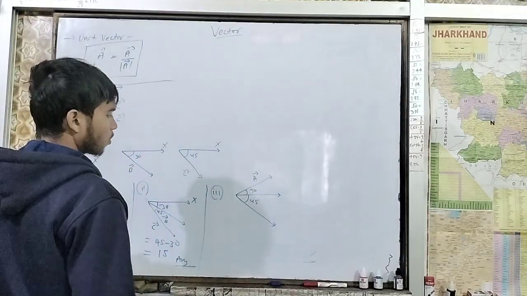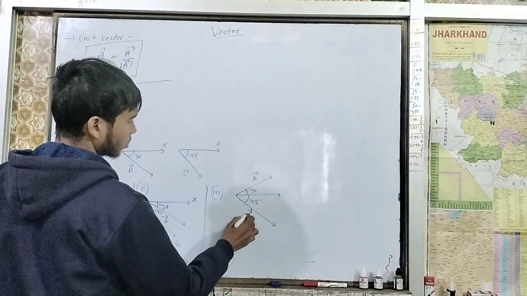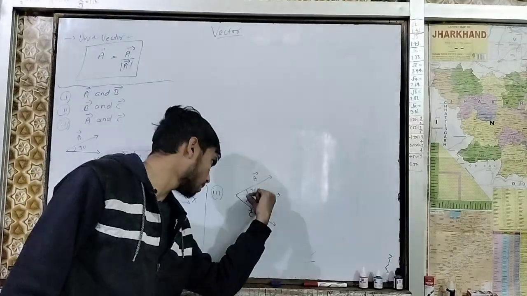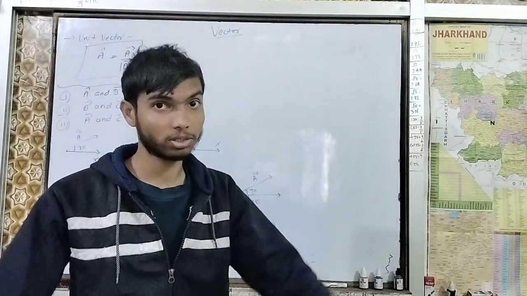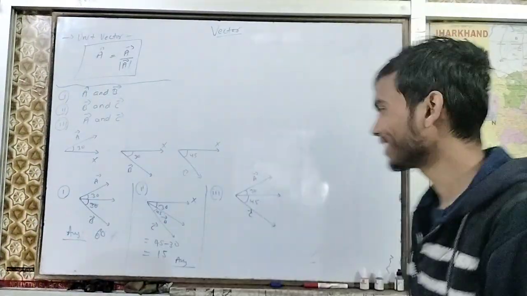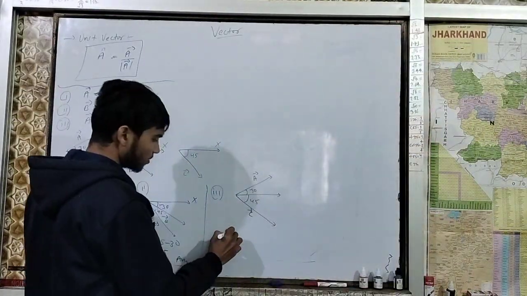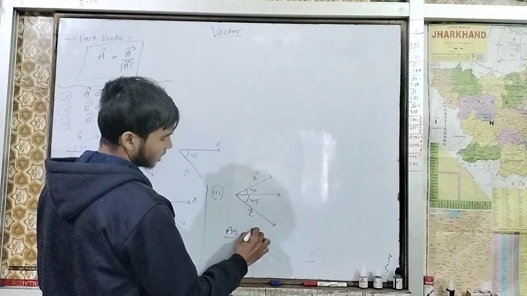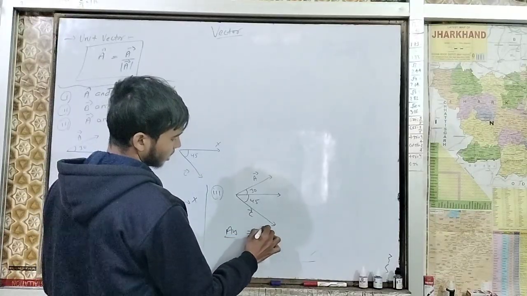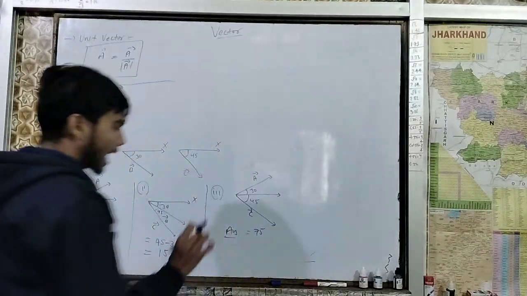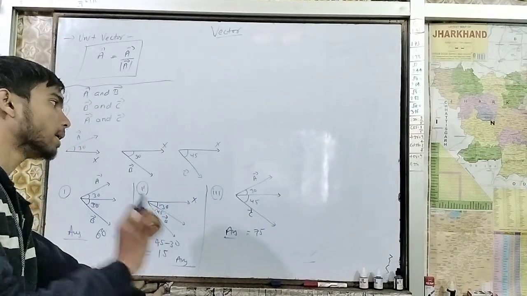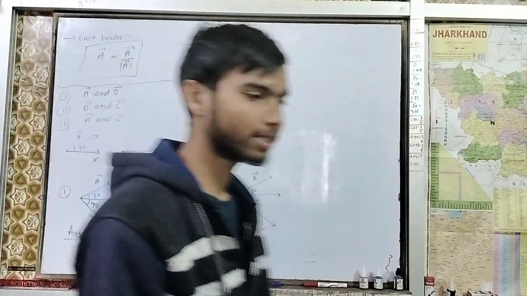So what is this rotation part being asked? The angle between them is 15 degree. 15 degree is the angle between the A vector and C vector.